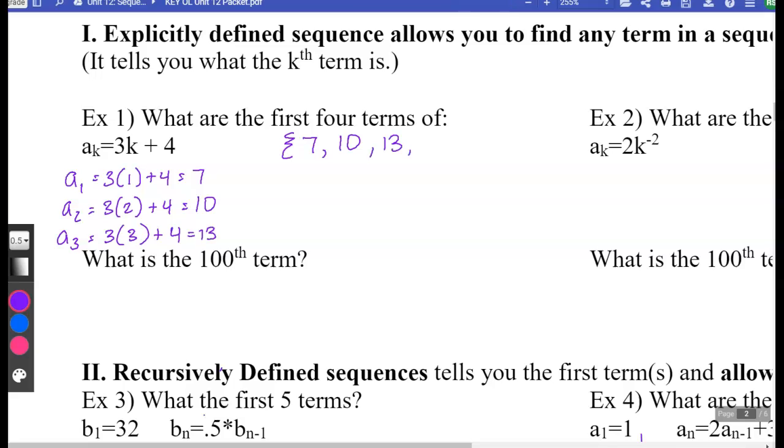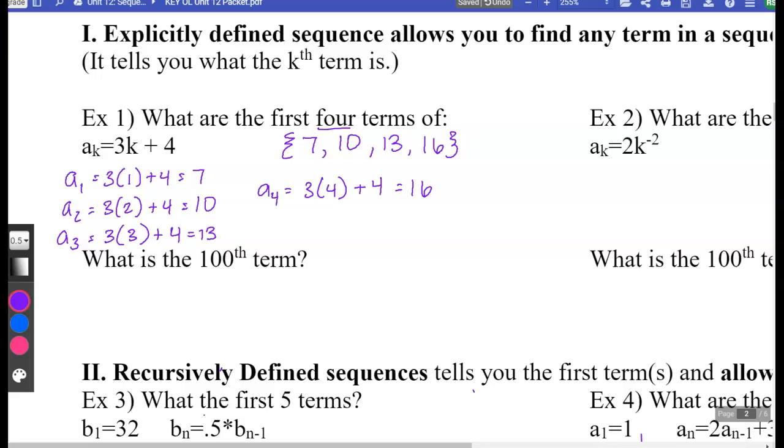And lastly, it just wants to find the first 4 terms, so we plug in 4 this time. 3 times 4 is 12, plus 4 is 16. Then it asks, what's the 100th term?